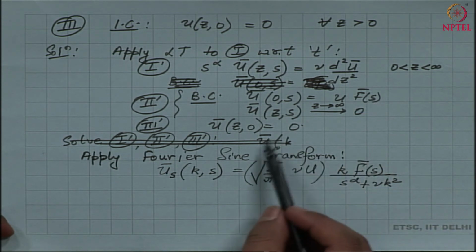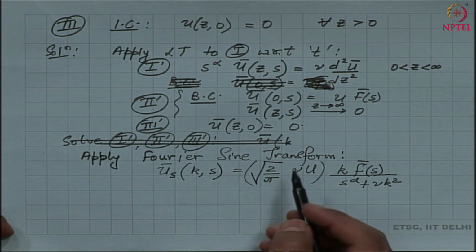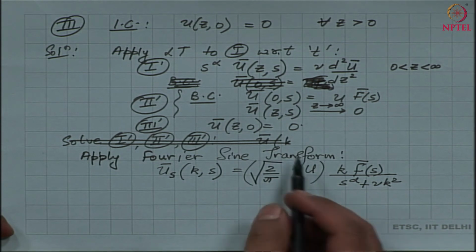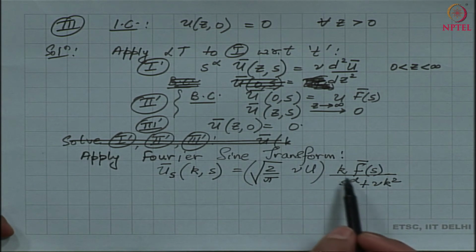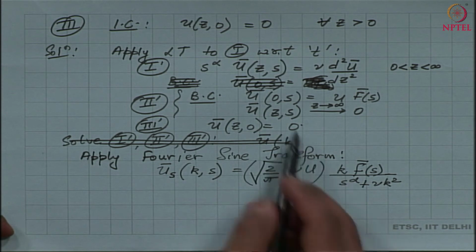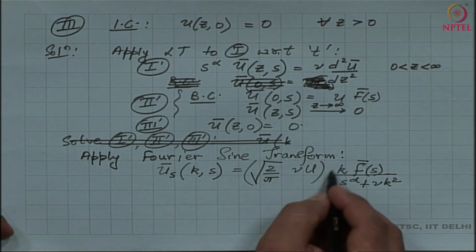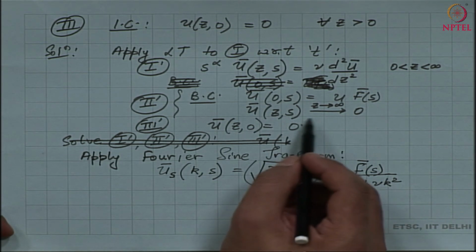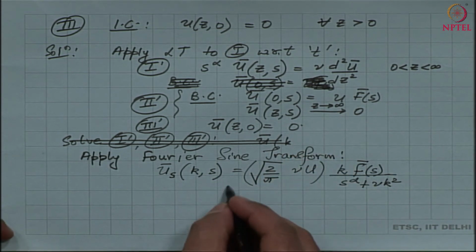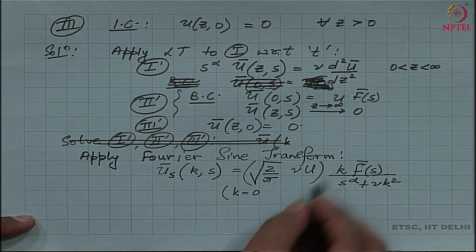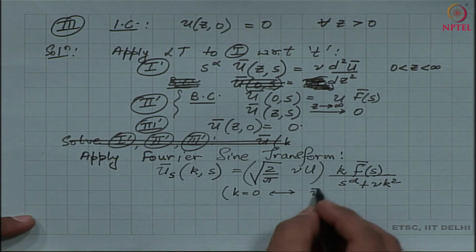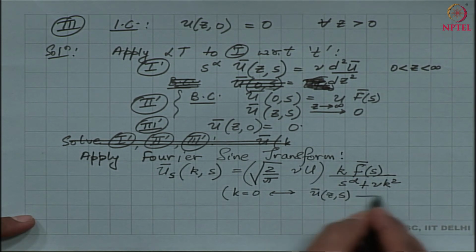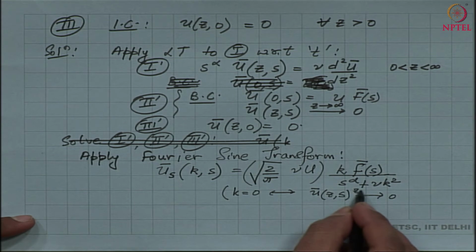Okay. So, we see that as k goes to infinity, I also have the solution decaying to 0. Or sorry, this particular factor here, k equal to 0, denotes the solution at z equal to infinity. So, note that this k equal to 0 here is equivalent to saying that the solution u bar at z comma s goes to 0 as z goes to infinity.